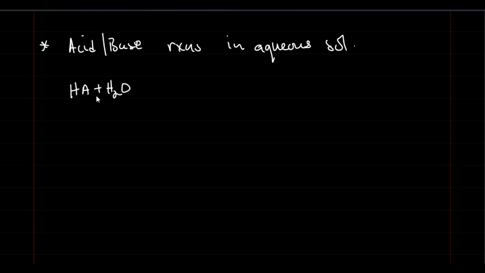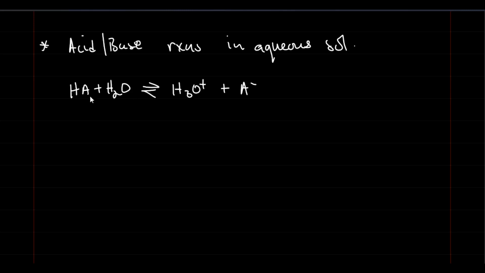Okay, so now the product will be what? Hydronium plus A minus. How do I know that I have hydronium and A minus?